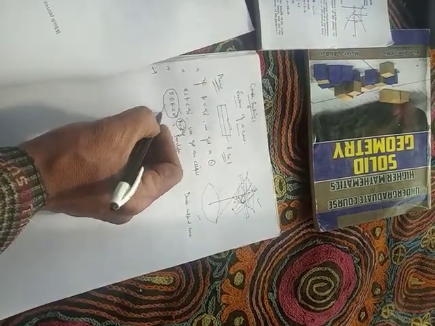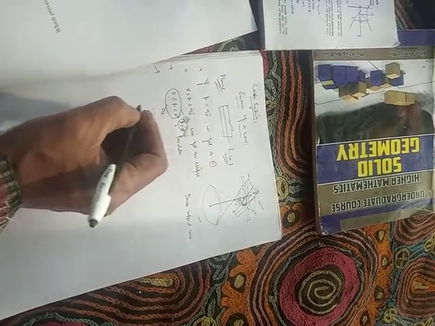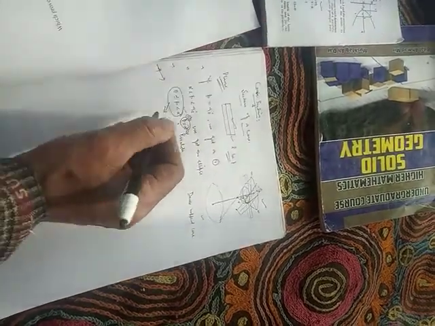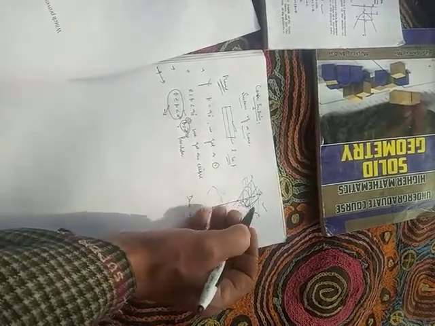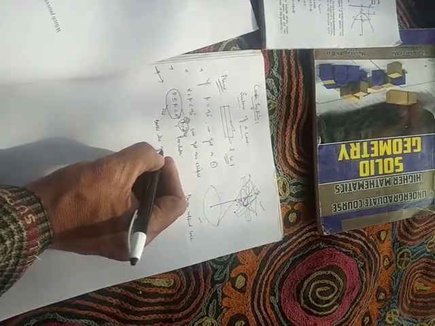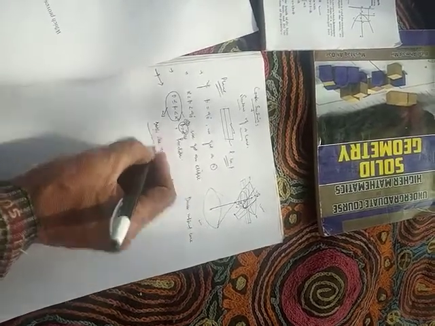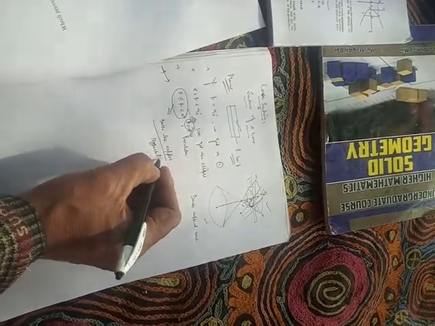This is the third case and this is the fourth case. In this case it cuts both the nappes, both the nappes, and at that time we get a hyperbola.